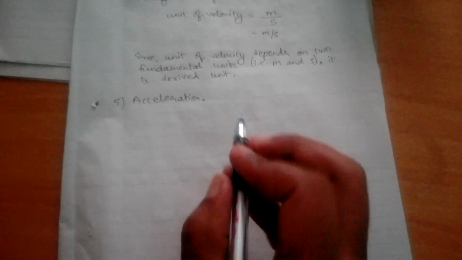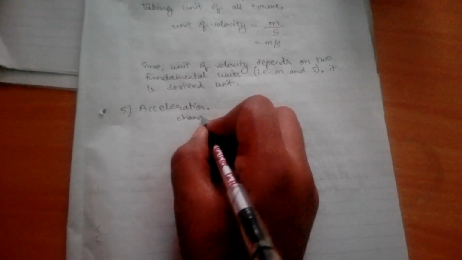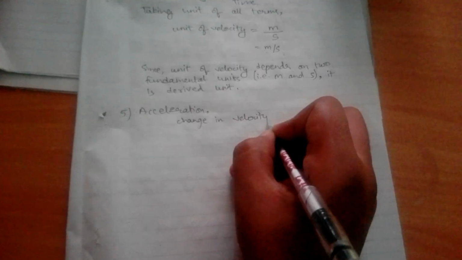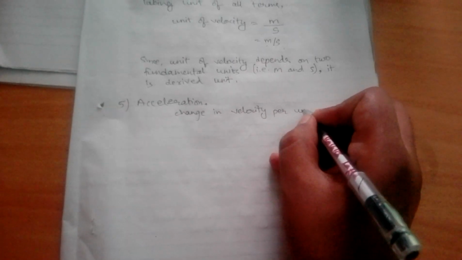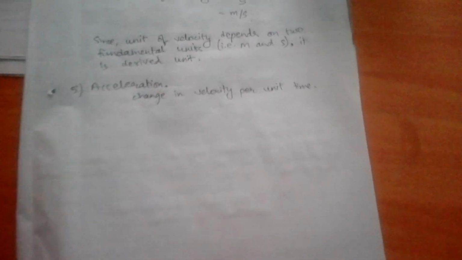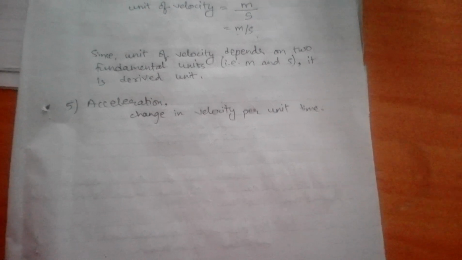Acceleration is defined as change in velocity per unit time. So if an object is moving with the same velocity throughout the time, then the acceleration of the object is 0. But in our daily life, we cannot see any object that moves with the same velocity.